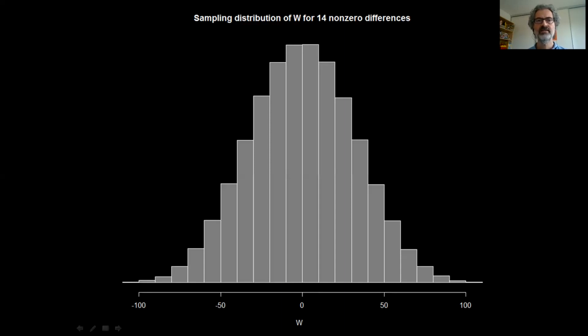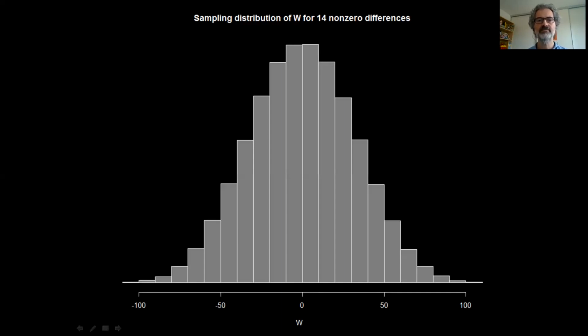And since you take on the signs of the differences into the ranks after you rank the absolute differences, the same amount of difference between the groups could be either a positive or an equal negative number depending on the order of the subtraction. So this ends up being symmetric.